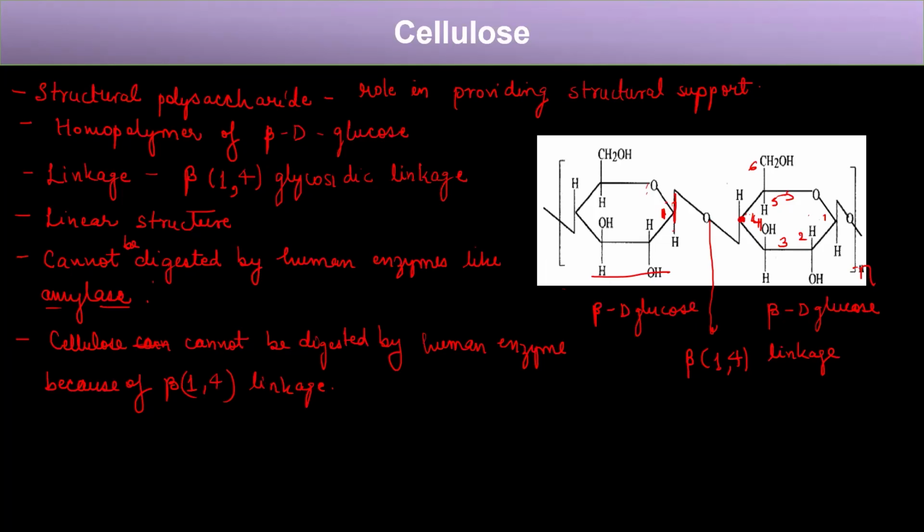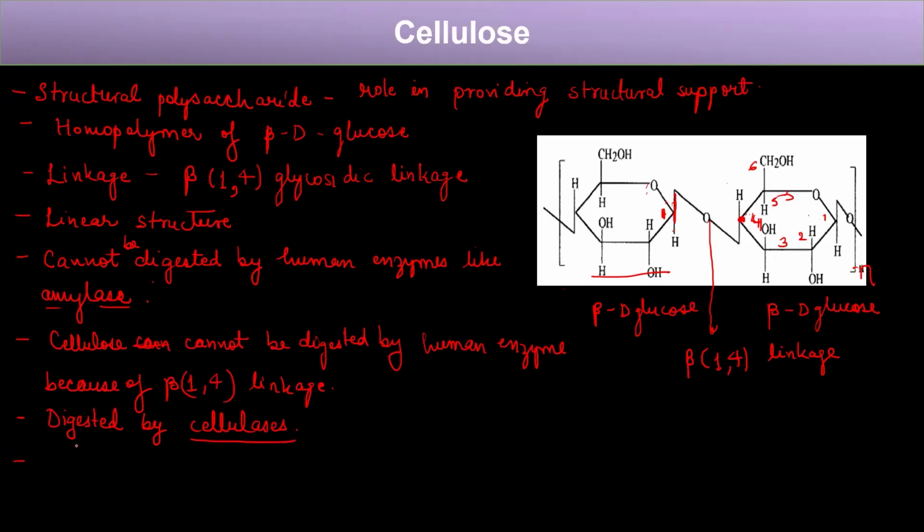If it's an alpha 1,4 linkage, it can be digested by human enzymes, but if it is a beta 1,4 linkage, it cannot. Then how can it be digested? It is digested by another enzyme that is not present in humans: cellulose is digested by cellulases.